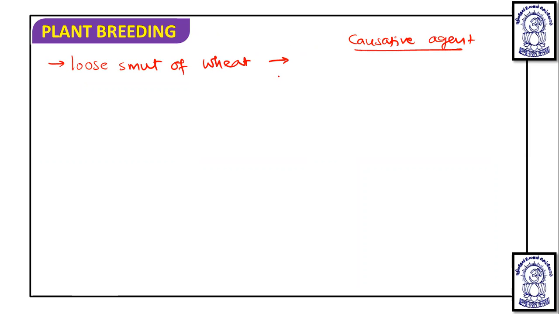This fungus is Ustilago nuda tritici. Ustilago nuda tritici is the causative agent of what is known as loose smut of wheat.